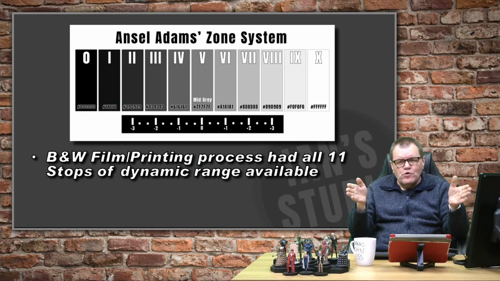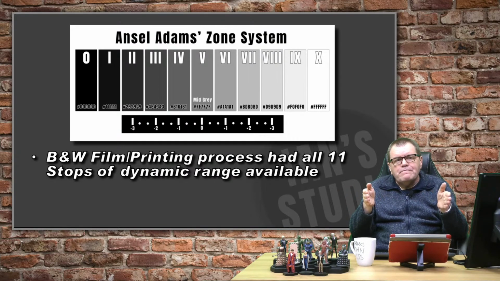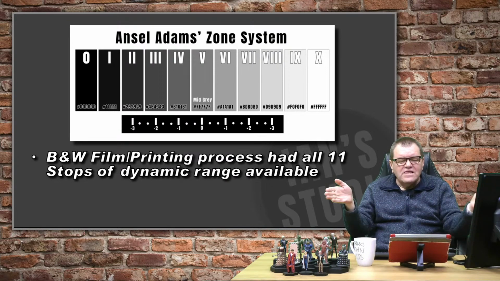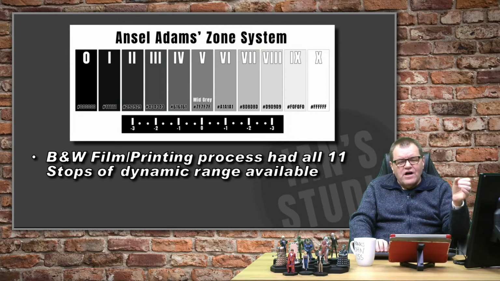Black and white film is a very forgiving medium in terms of dynamic range. And the film stock, the printing process and the developing process would give Ansel Adams effectively access to all 11 stops of dynamic range. We, with our cameras, may not.